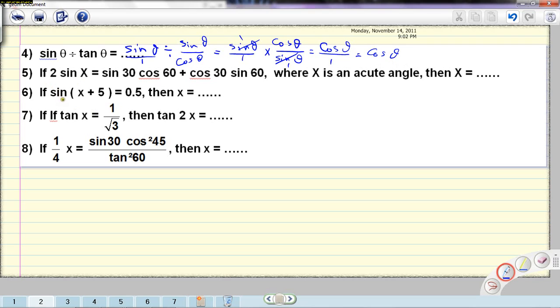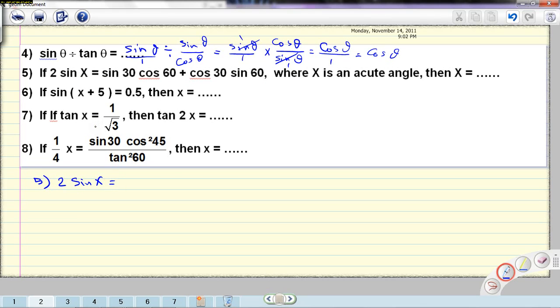Okay, question number 5. It says 2 sine x equals sine 30 cosine 60 plus cosine 30 sine 60. So 2 sine x equals.